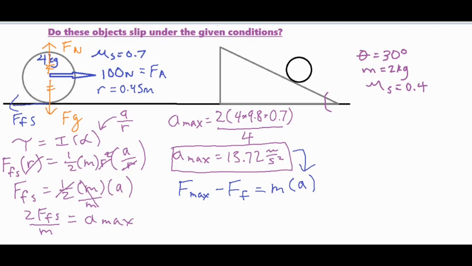Now, for the force of friction, a little bit earlier, we found out that the force of friction was 1/2 m times a. So we're going to do a little substitution and call this 1/2 ma. Now, if you have half an ma over here and then one full ma over here, then if I add this to both sides, then the maximum force is going to equal 3/2 mass times acceleration.